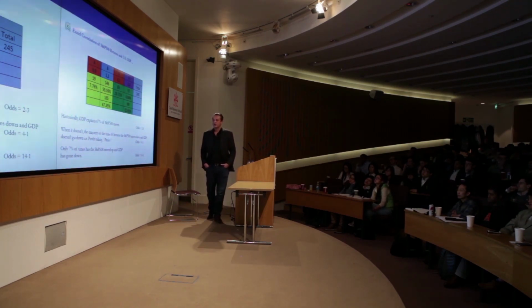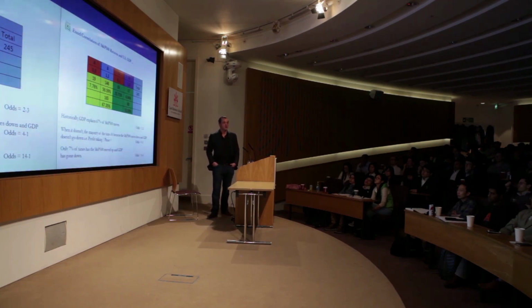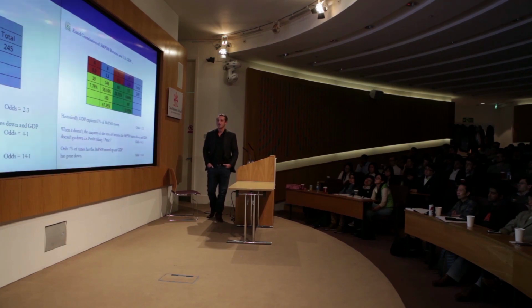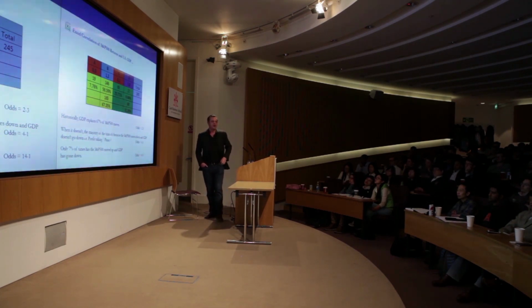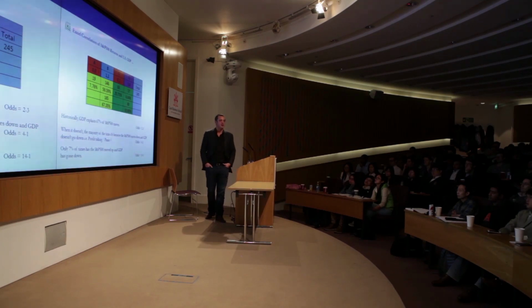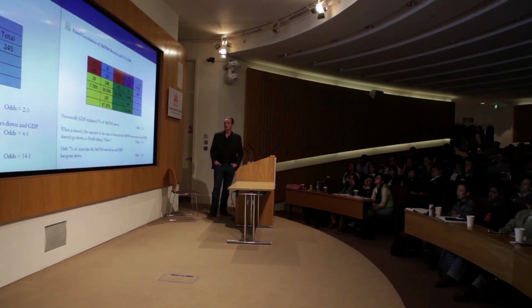When it doesn't, the vast majority of times it's because S&P 500 moves down, GDP doesn't go down, goes up, and we get profit taking or short-term panic in the market. That happens 25% of times, so the odds of that happening in a given year are 4-1 against. Make sense?